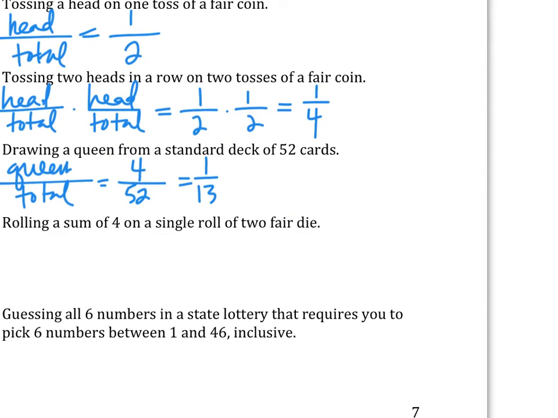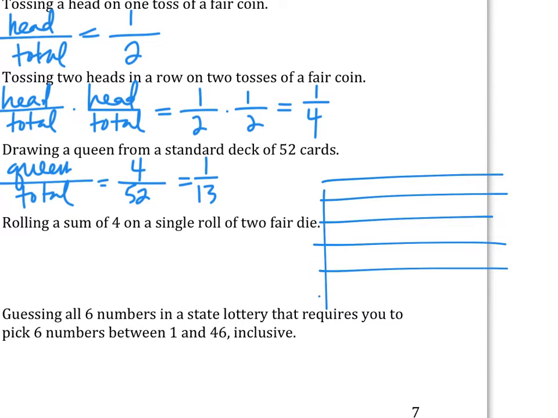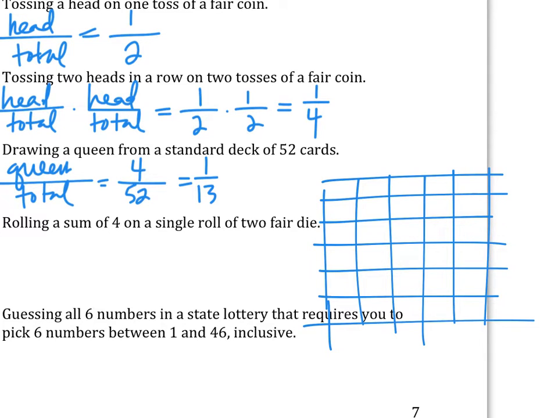This one is a little bit harder to do, and what I like to do is draw out a chart and look at all the possibilities together. The first die is going to go from 1, 2, 3, 4, 5, 6. There are 6 numbers, and the second one is also going to have 1, 2, 3, 4, 5, 6. Then you look at all the possible ways you can get 4, or really just add them up. 1 plus 1 is 2, and then this is 3, 4, 5, 6, 7.